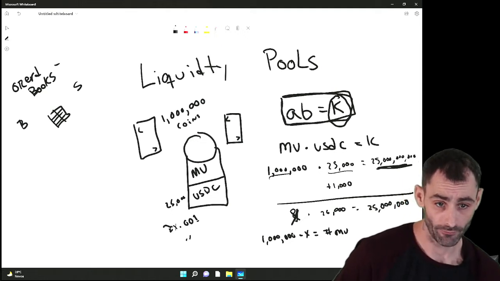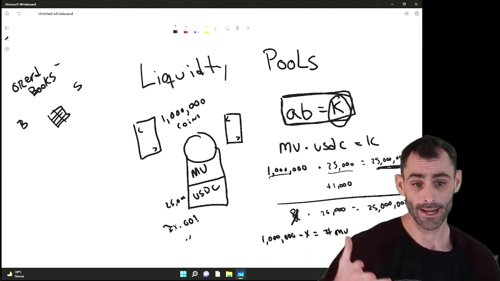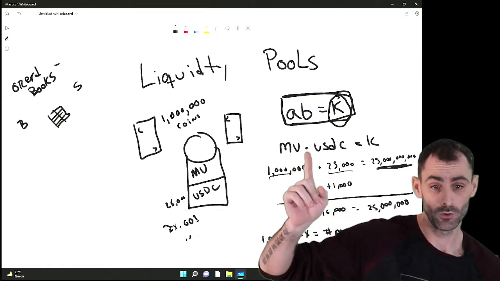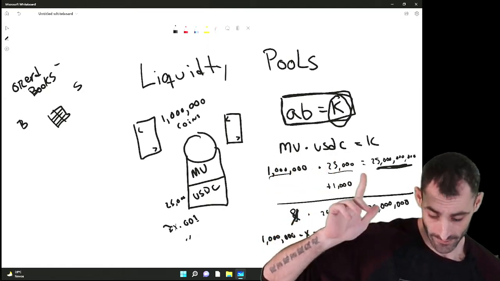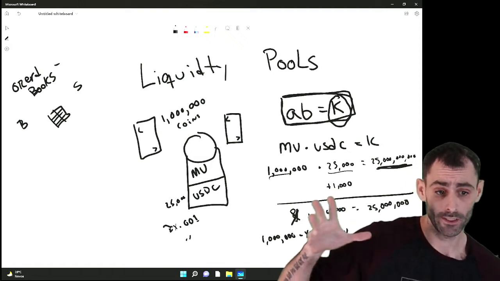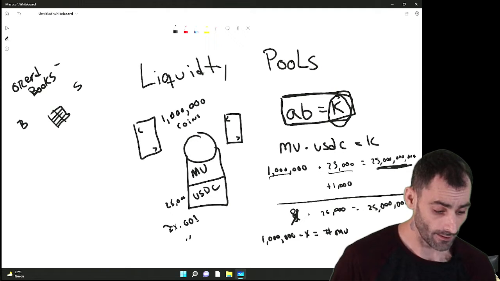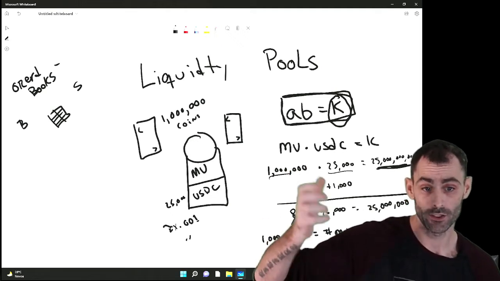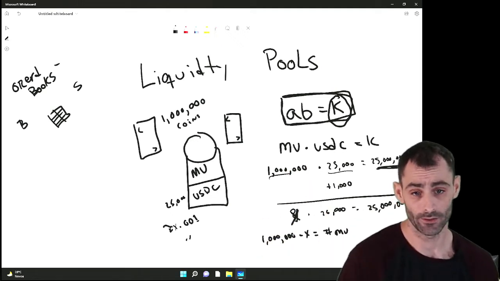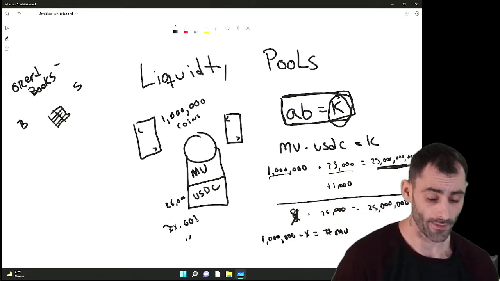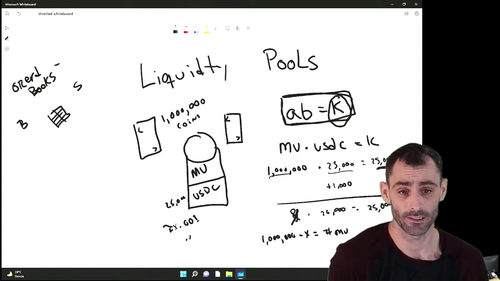So you get to define one value, meaning like right now, if you wanted to go add liquidity to this pool of mu and USDC, you wouldn't get to define how much mu and USDC you would be adding to that pool, because there's already been a constant product that's been created when that pool was initialized and initially set up.